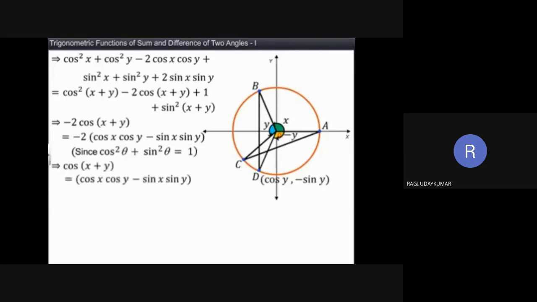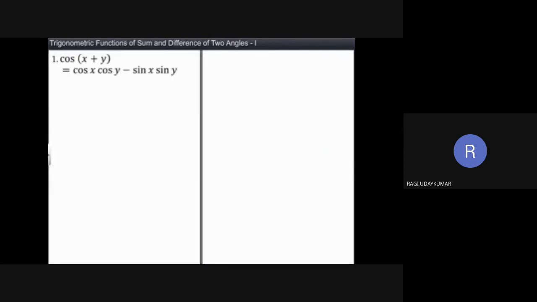So with the help of this only, cos x minus y also you can extract. Okay. Cos x plus y is over. In the place of y, you replace with minus y. Cos x plus y is equal to cos x cos y minus sin x sin y. And you replace y by minus y, cos x minus y you are going to get.